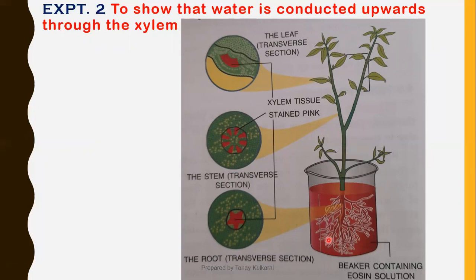Later on, when you take the TS of root, TS of stem, and TS of leaf, and examine under the microscope, the xylem vessels will appear red in color. Because these will be stained due to the dye which was used, that is eosin.